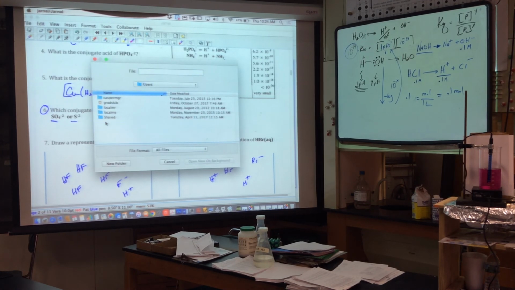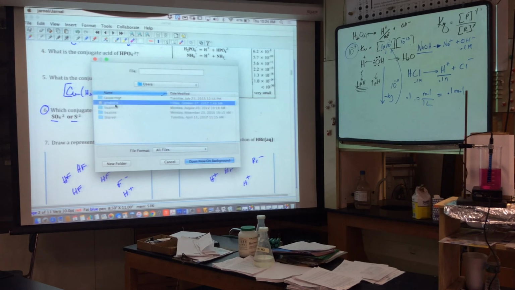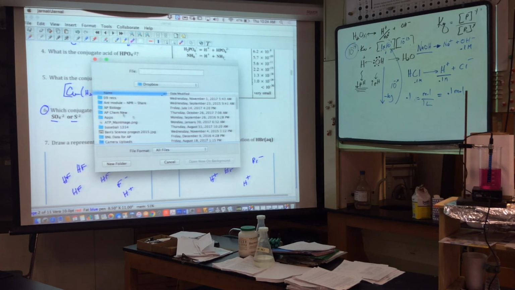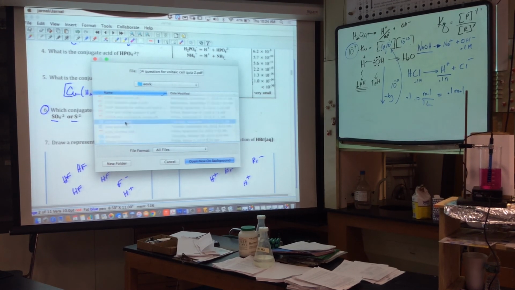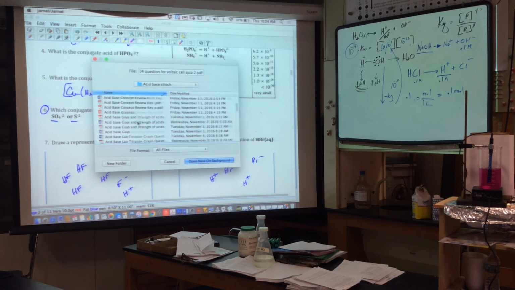This is a base. This is an acid. That's an acid. Oh, this is acid-base chemistry, and we're doing the conjugate acid-base.